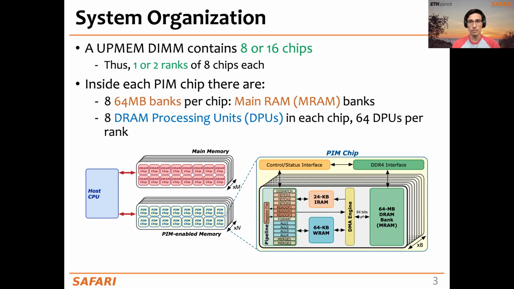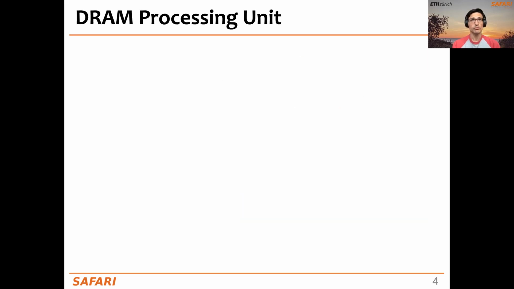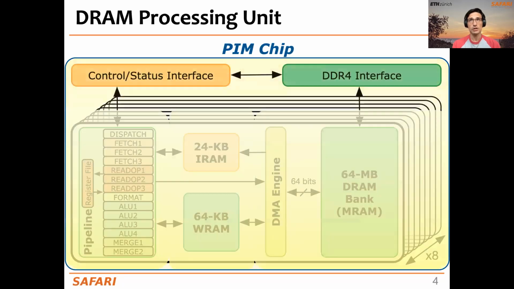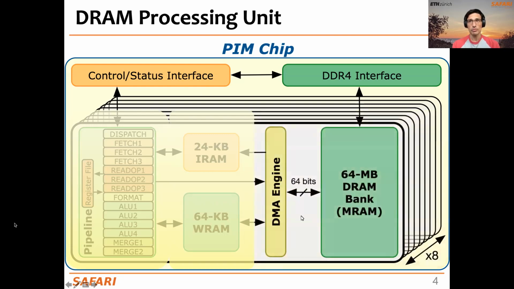Connected to each of the DRAM banks, we have a DRAM processing unit or DPU. Remember as well that internally inside each PIM chip, there is a DDR4 interface for the host to access the data in the DRAM banks. And there is also a control and status interface for the host to communicate with the pipeline of the DPU.